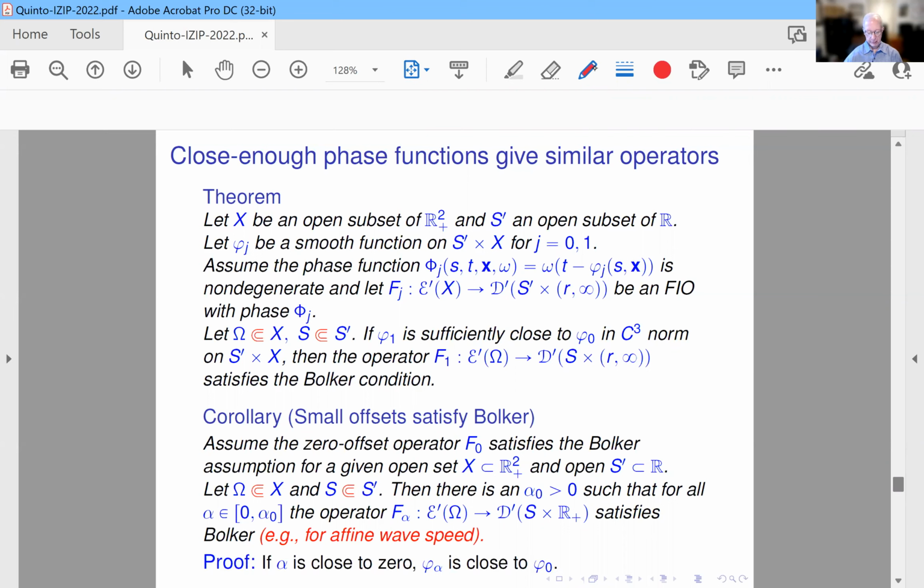And the proof of the corollary is if the offset's close to 0, then the function phi alpha, the sum of the travel times, with these offset source and receiver are close to the ones if they were together.